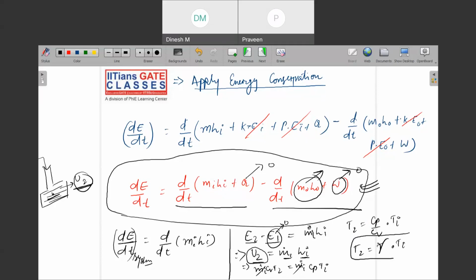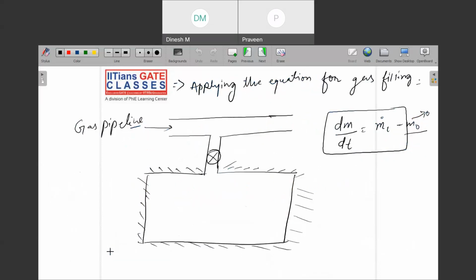So can I say that the final temperature in the filling is gamma times Ti when the cylinder was initially evacuated, provided it is mentioned that it is initially evacuated? Questions like this have appeared many times, asking for the final temperature if it is initially evacuated and being charged by some charge line. We will directly find it using this concept.